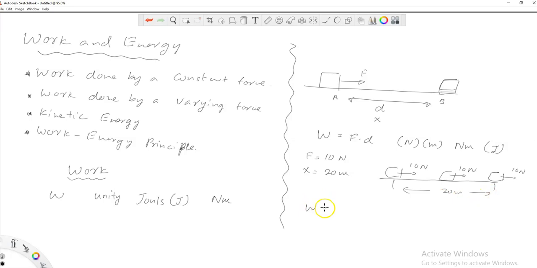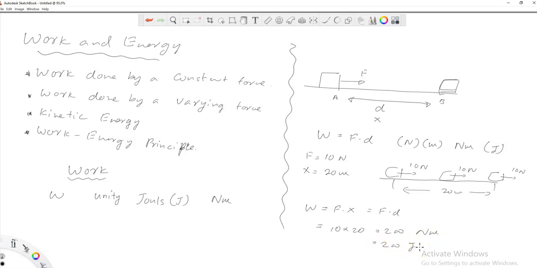So the work you did is equal to force times distance, or we can write it as force times d. See, I'm switching between x and d so that you get familiar with both. Some textbooks use d, some use x. So 10 times 20, 200 Newton meters, or you can say 200 joules.